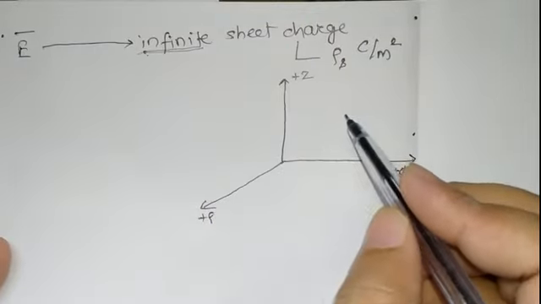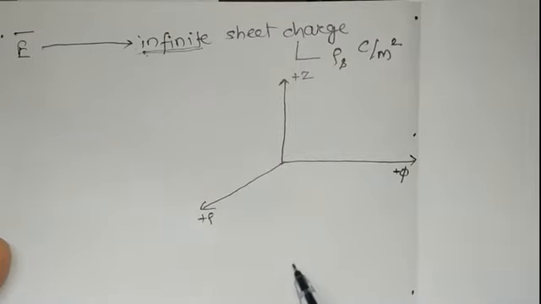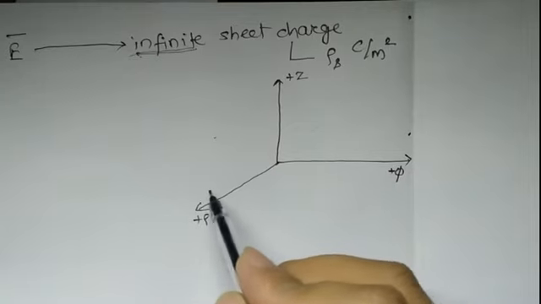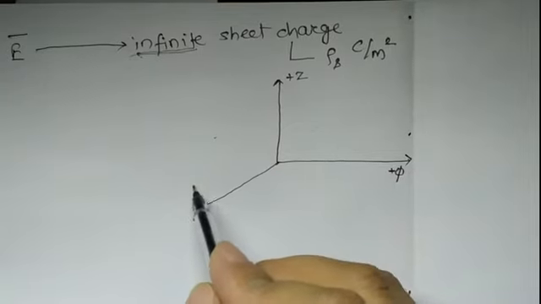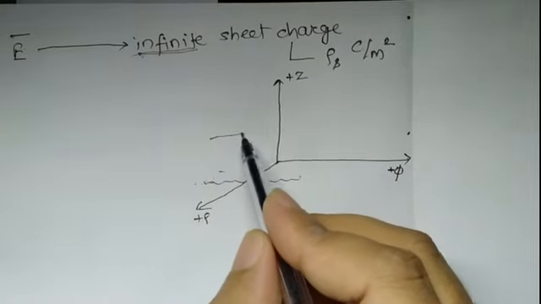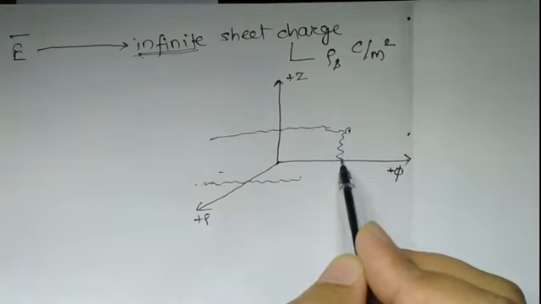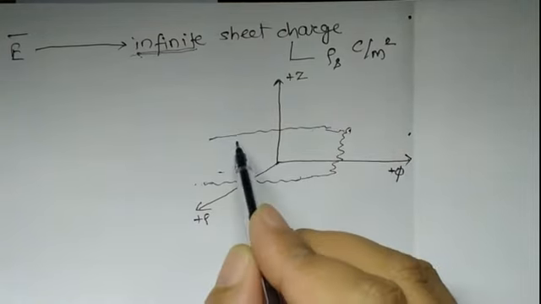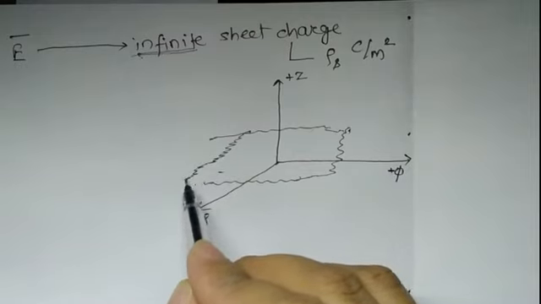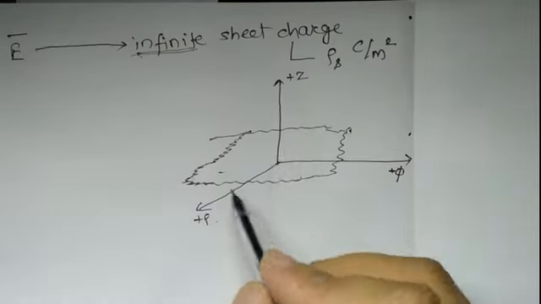If we extend this, it will be minus rho, minus phi, and minus z. And the infinite sheet charge, in this rho phi plane, I am going to draw it. So this is the infinite sheet charge.